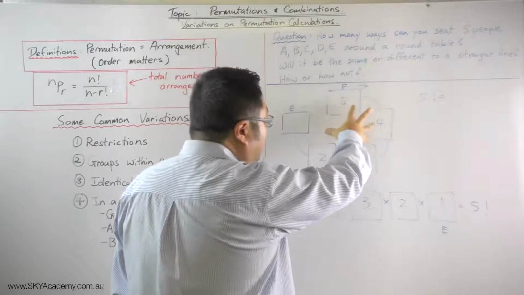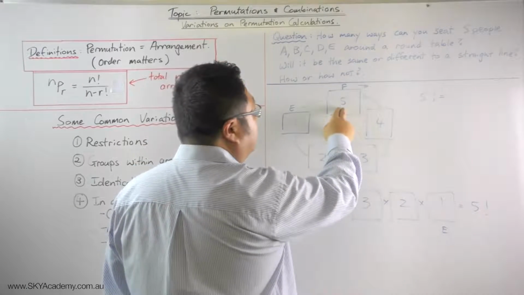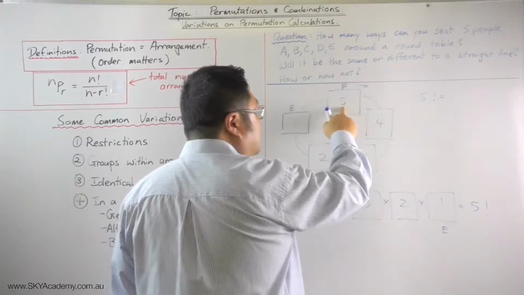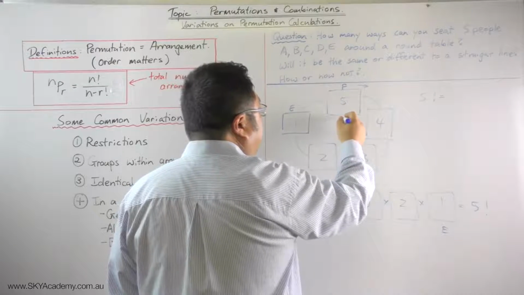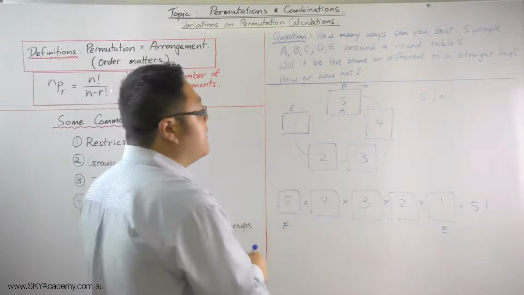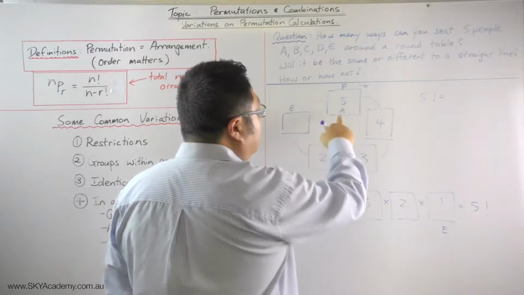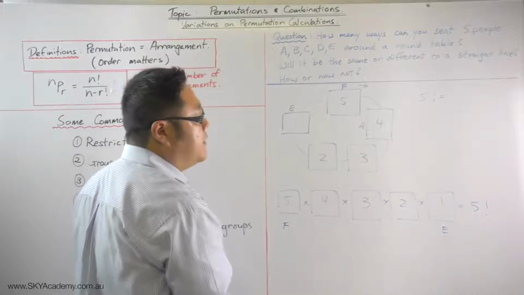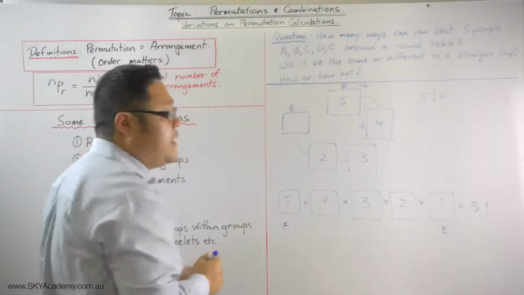So basically, you've got to consider that if the first position started with, say, the letter A, and every person were to move one position along, this person A would end up here, this person here, this person there, and so on.